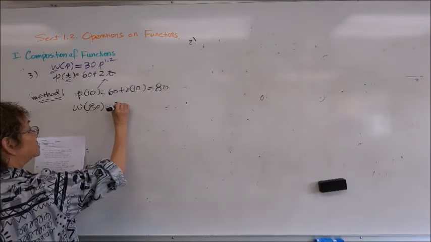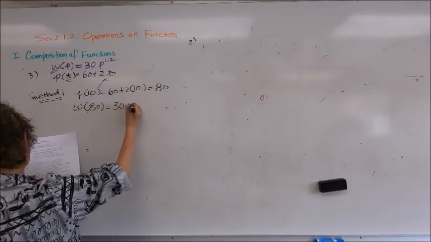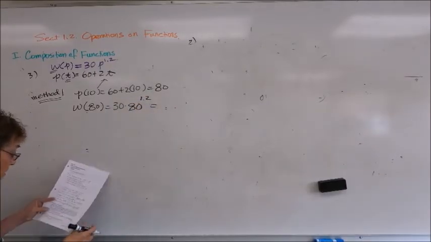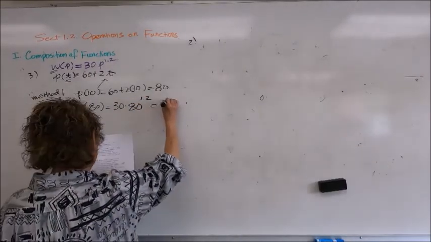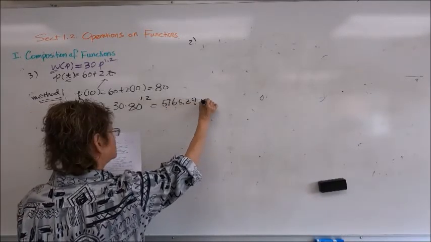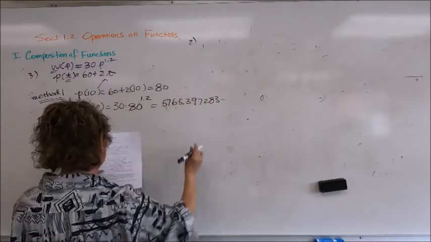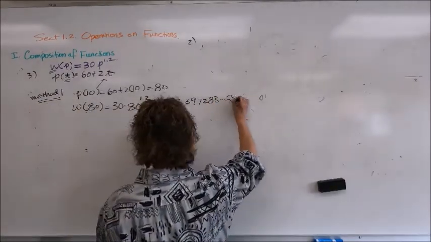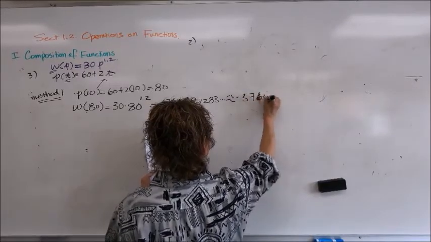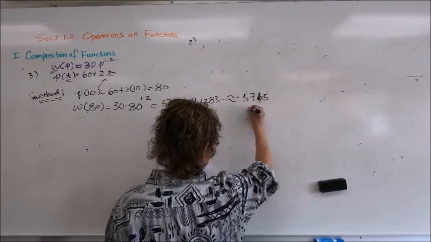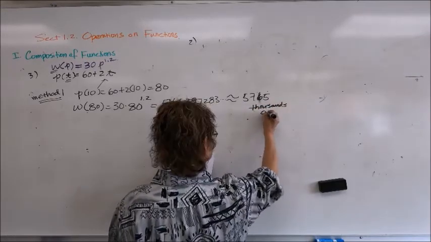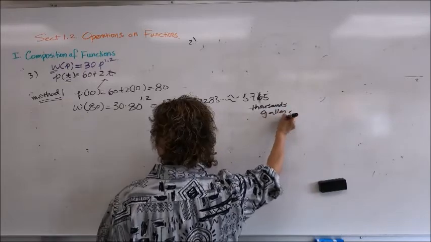Would be 30 times 80 to the 1.2, use the formula they give to you. Use your calculator. So that would be what? 5765.397283, something like that. So it's about what? 5765 thousand, because the unit is thousands of gallons. That's one way.